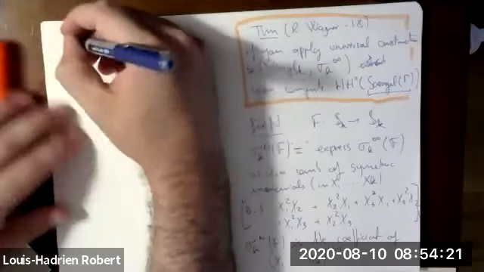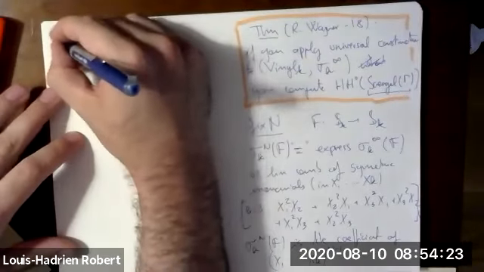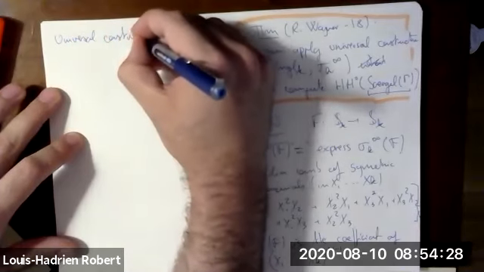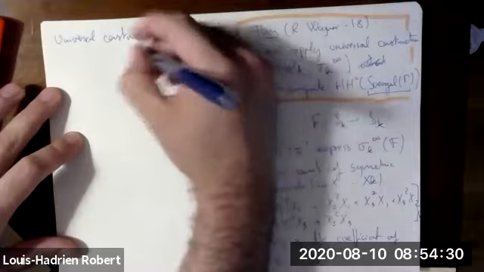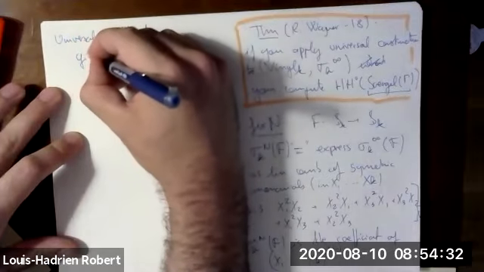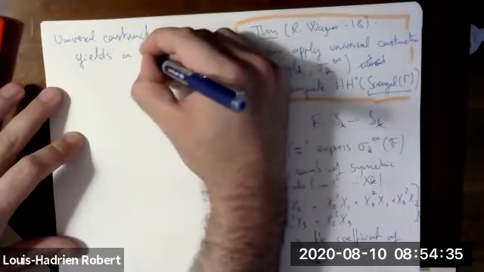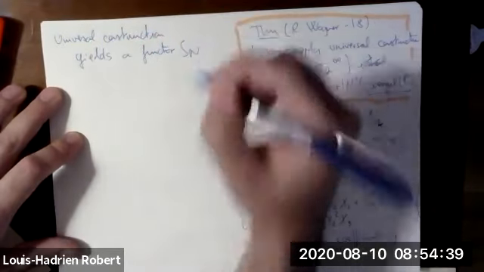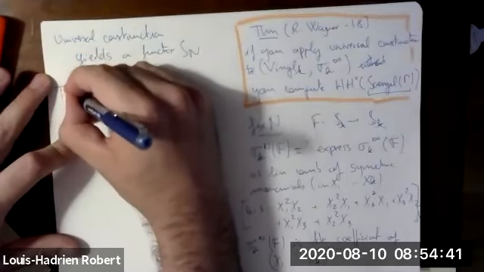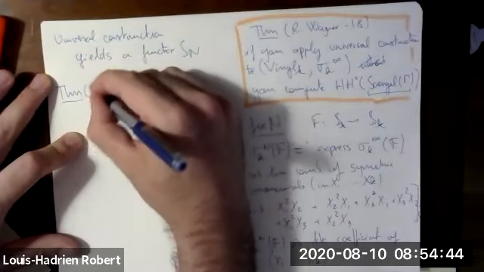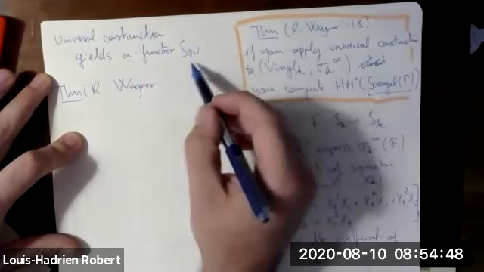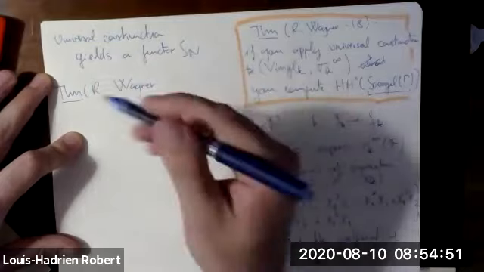That's good enough. Now using the same story, the universal construction yields a functor that I may want to call S n. And the theorem is that this categorifies the symmetric Moir calculus, so everything is as we want.